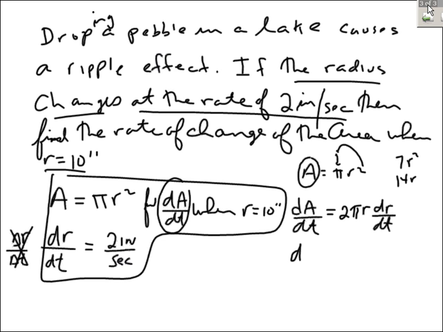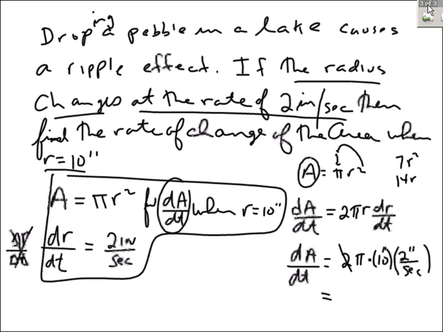They asked us to find dA/dt when r is 10 inches, so r is 10 inches, and dr/dt is 2 inches per second.